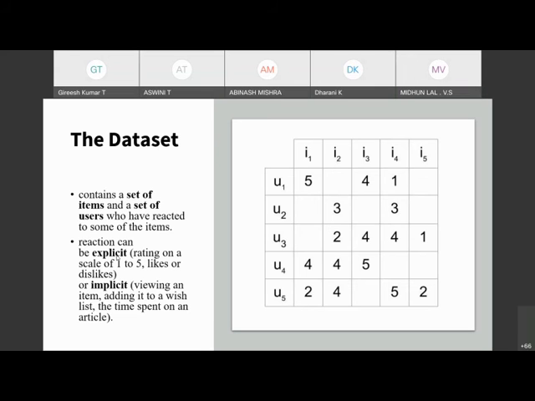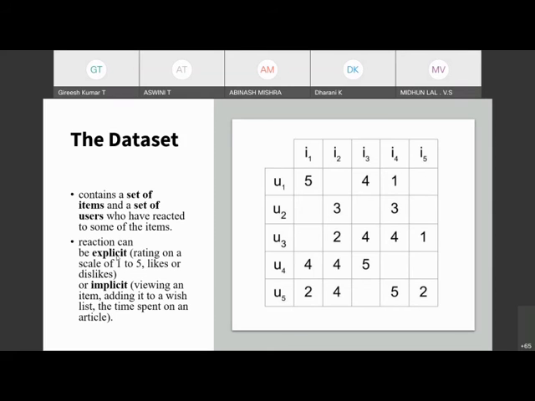So here we can generate the data set in two ways. One is called explicit, which means you are directly taking the ratings, and from those ratings you are directly forming a matrix and generating the data set. That is the explicit. And implicit is like, you will give some comments, or sometimes you will put an item in your cart, or you are searching, or spending more time on it. Depending on that, a lot of parameters are there.